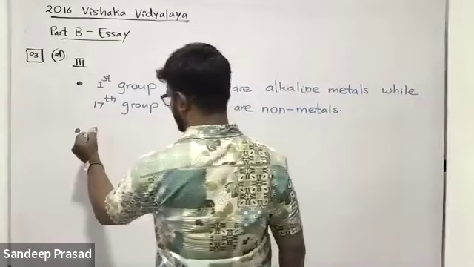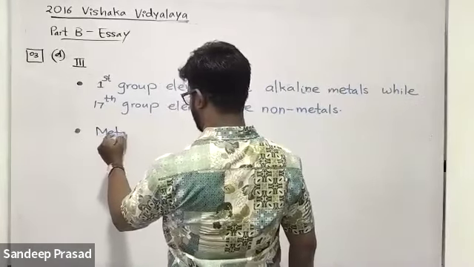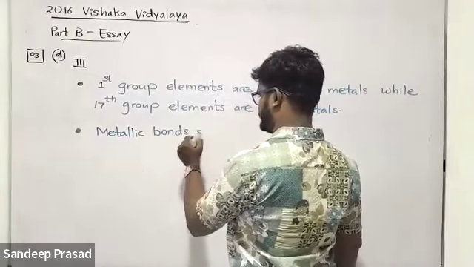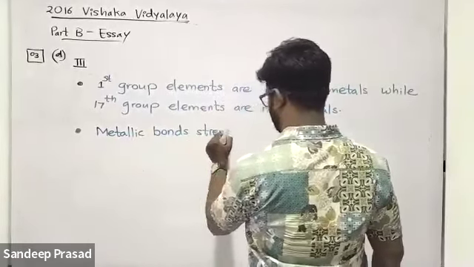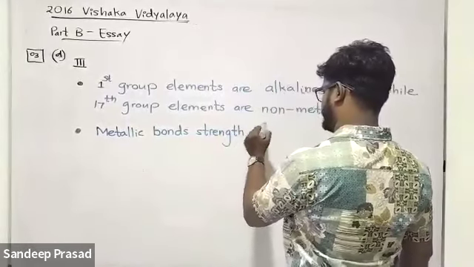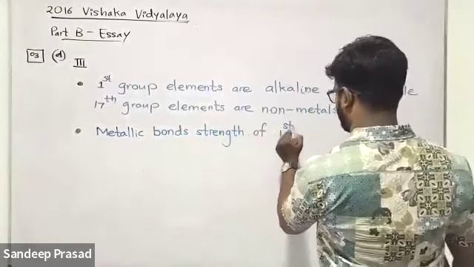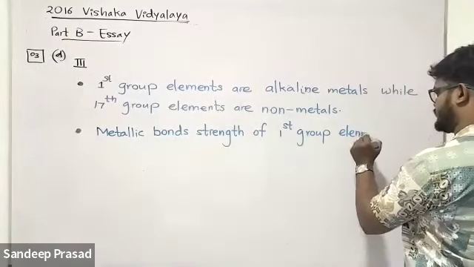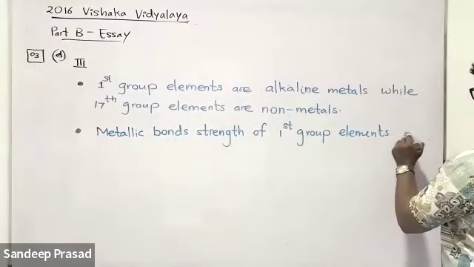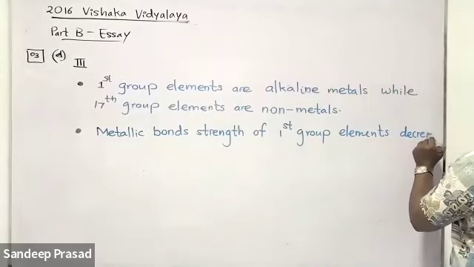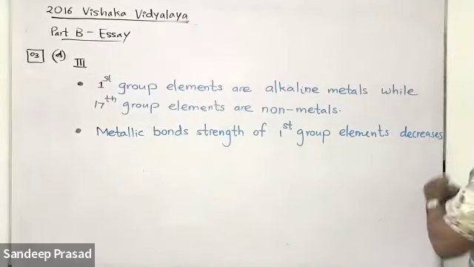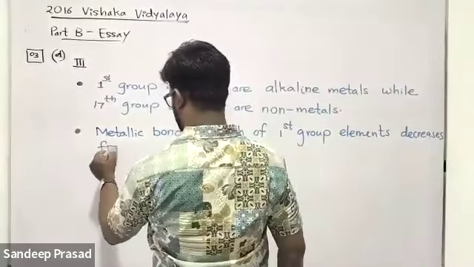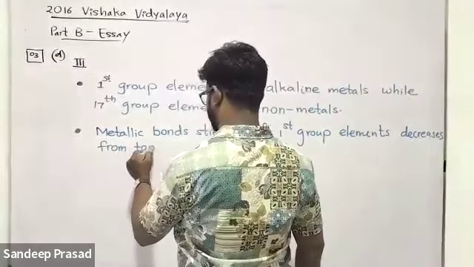So therefore, metallic bond strength of first group elements decreases from top to bottom.